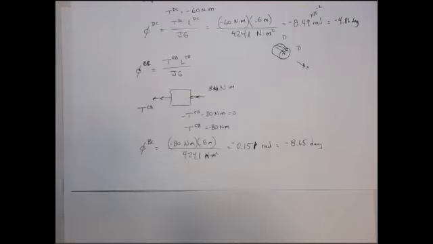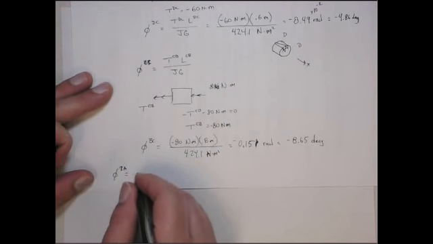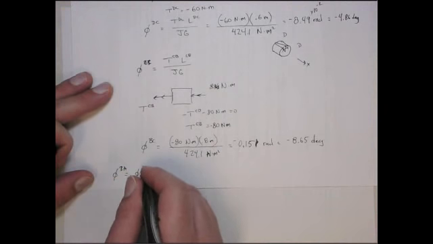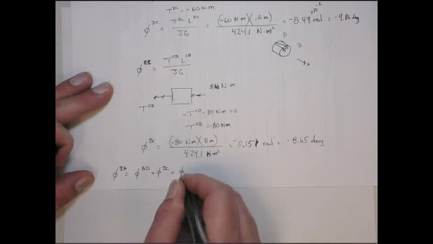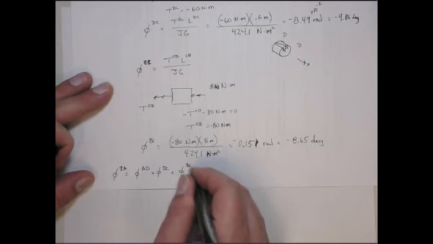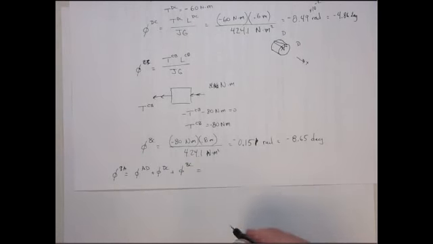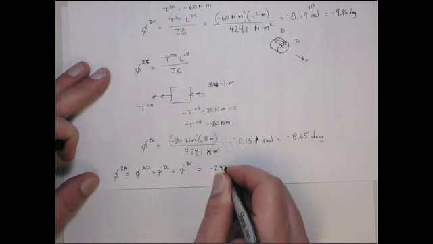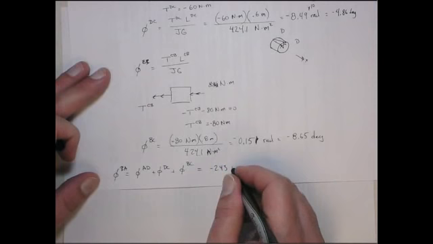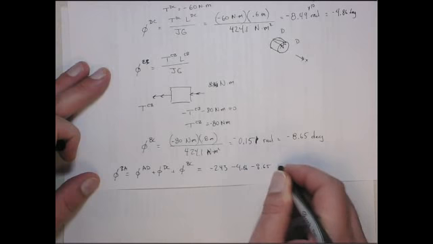So now when we add those all up, the phi of B relative to A is the phi AD plus phi DC plus phi BC. And that's going to equal, numbers, let's do it in degrees, minus 2.43 minus 4.86 minus 8.65.